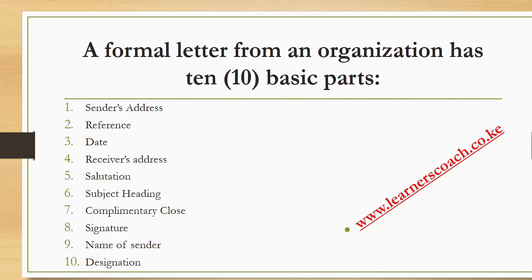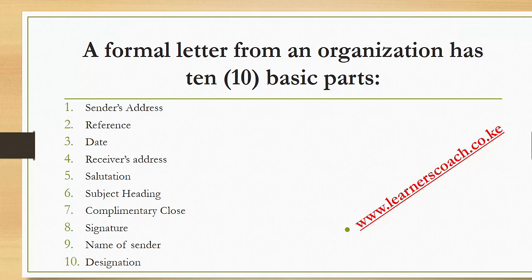It should have some salutation. Also, it should have some subject or heading. Of course, it needs to have a complimentary close. Signature is very, very important in a formal letter, and of course, the name of the sender. So the last part is the designation, right? So let us understand the 10 in a step-by-step manner.